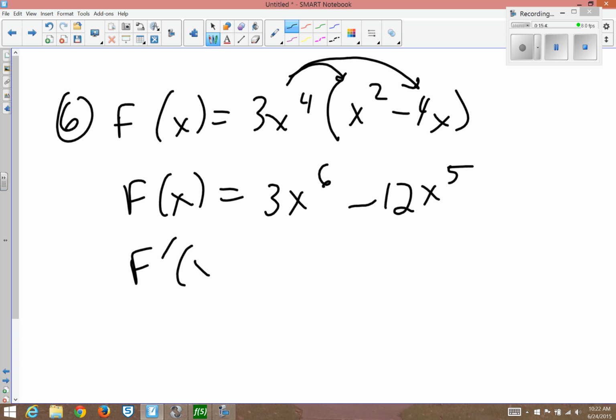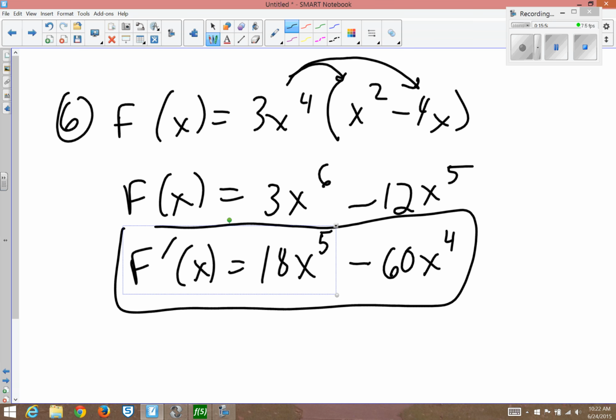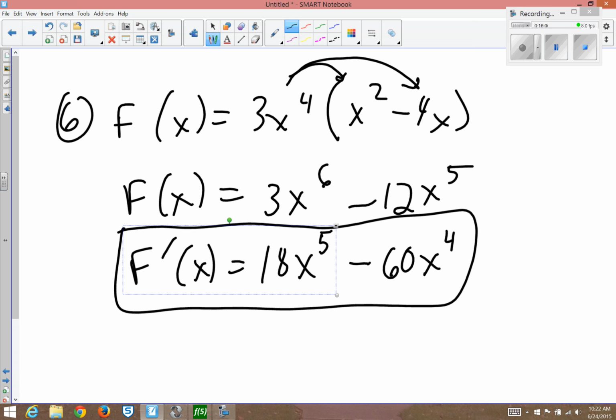So without using the product rule, the derivative is 6 times 3 times x to the fifth minus 5 times 12 times x to the fourth. So there's the same answer that we got here doing the product rule. 18x to the fifth minus 60x to the fourth. Same thing.